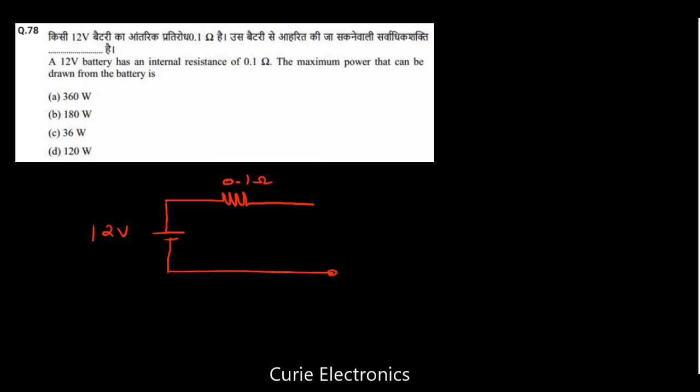See, this circuit is just like a Thevenin equivalent circuit. This is the VTH and this is the RTH. This is the maximum power transfer theorem. As per the maximum power transfer theorem, P max equals VTH square upon 4 times RTH.